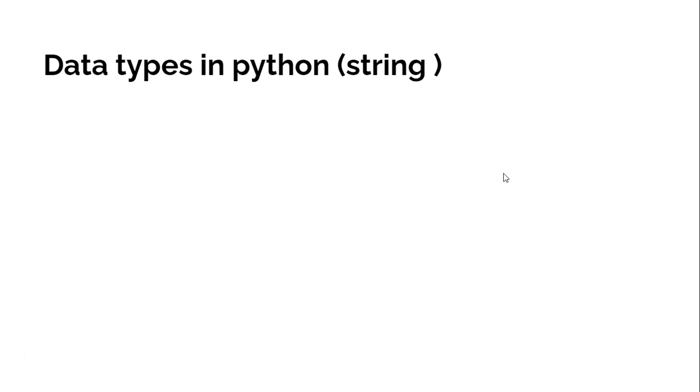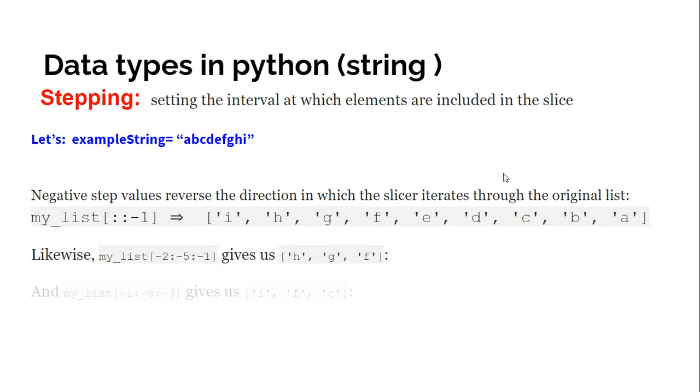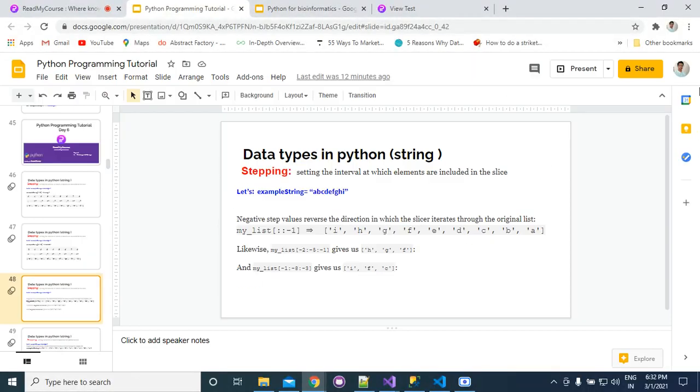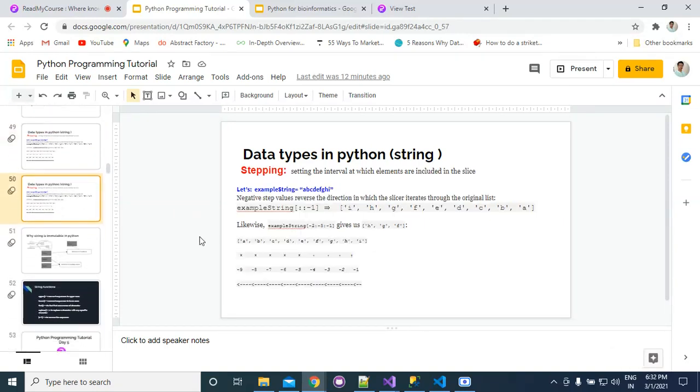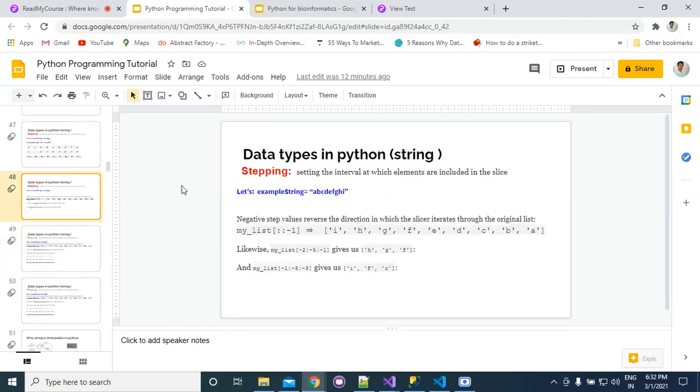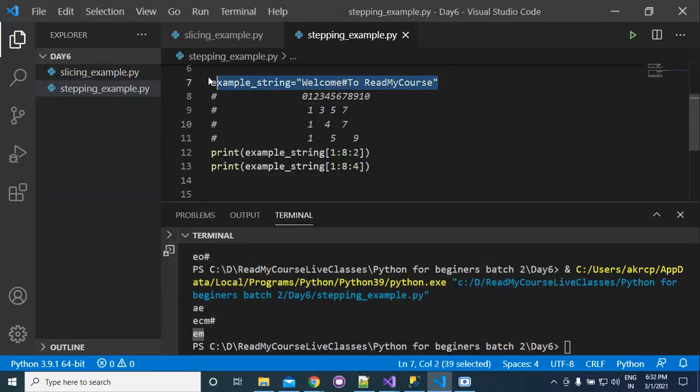These are some new examples. Suppose that we are passing here the negative indexing, then what will happen?